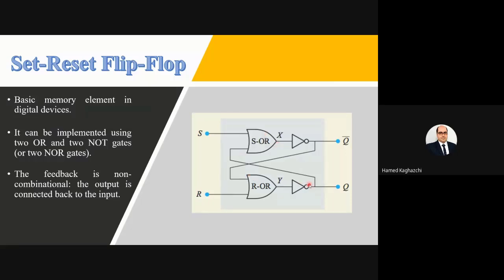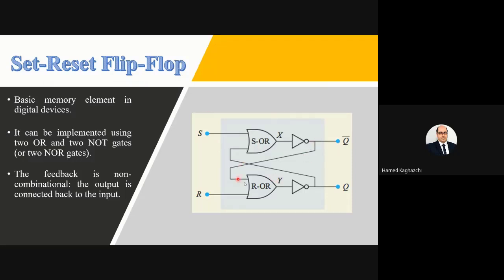The first one, the basic memory element, is the set reset flip-flop. The circuit of the set reset flip-flop is like that. As you see here, using two OR and two NOT gates, we can implement the set reset flip-flop.